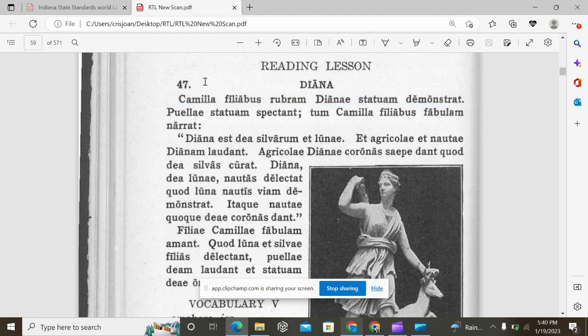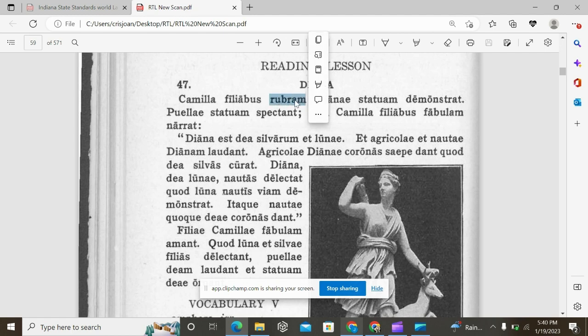So one way to start is just to refamiliarize ourselves with the meanings of words to help us get a sense for what the sentence might be about. Camilla, of course, is the name of the woman. We see that she's nominative singular, so she's probably going to be the doer of the action in the sentence. Filiabus is the dative plural form of filia, daughter, so it's daughters in the dative case.